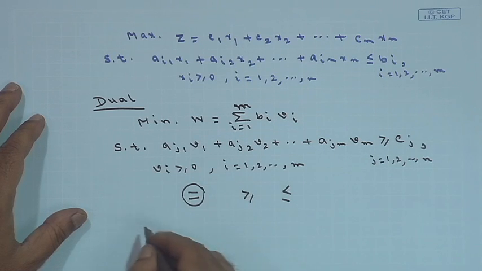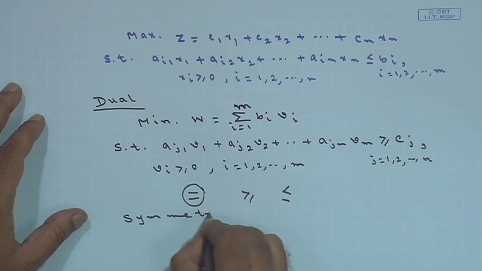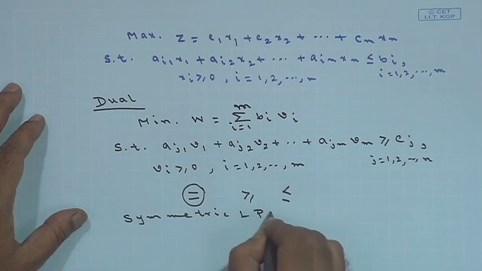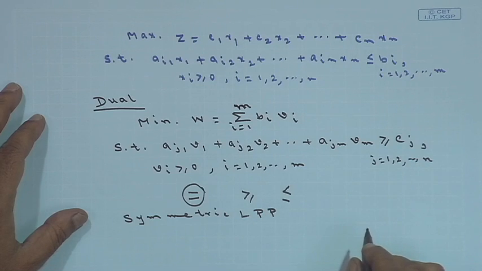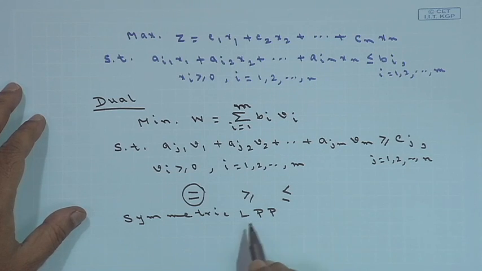Please note that the primal and dual problems consisting of constraints with inequalities are always called symmetric LPP.